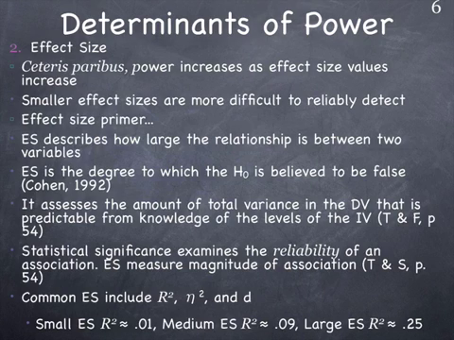And if you take the square root of these: the square root of 0.01 is 0.1, the square root of 0.09 is 0.3, and the square root of 0.25 is 0.5.